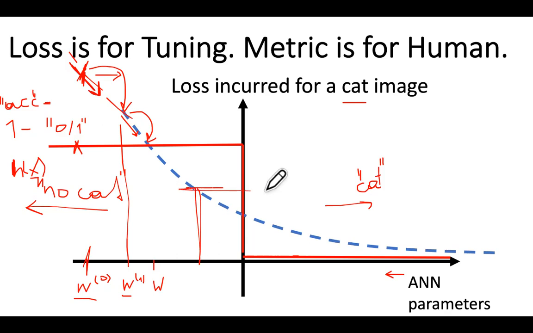What does it tell you if I report in a brochure for a machine learning classifier, here's my app, I have trained it, and it has a cross entropy loss of 0.3? What does the user of this app now know about this hypothesis? How well is it doing?